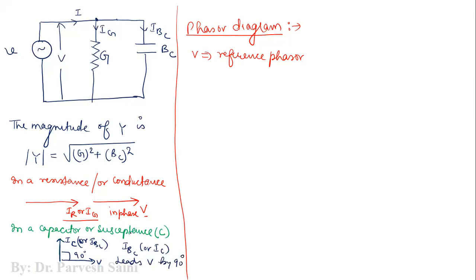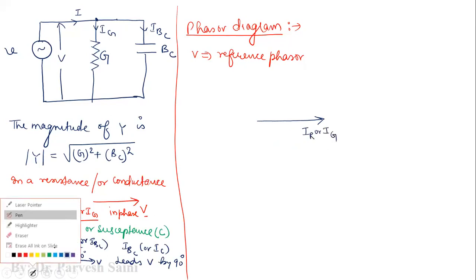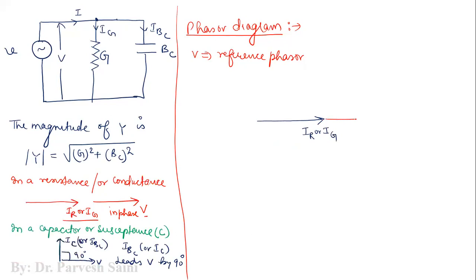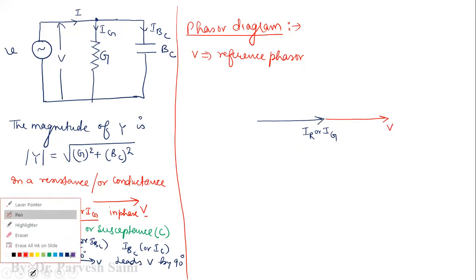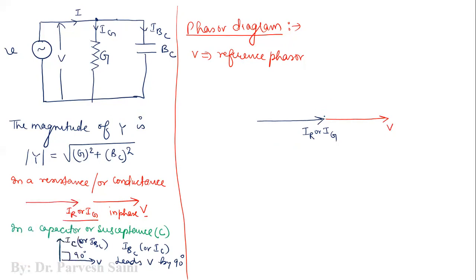So by taking these two in consideration, we will draw the phasor diagram of the parallel RC circuit, and the phasor diagram would be like this. So first of all, we have the current phasor IR or IG. Then we have the voltage phasor because voltage is the common component. So this is V. Then we have the current which is leading the voltage by 90 degrees, and that current is IC or IBC.